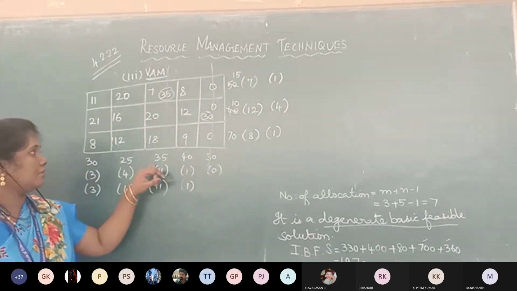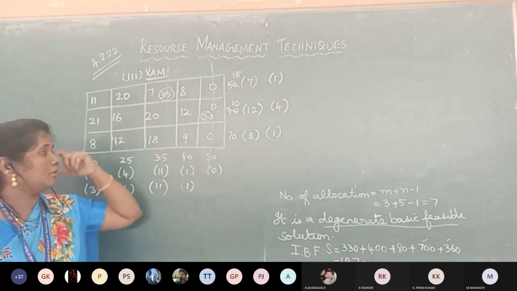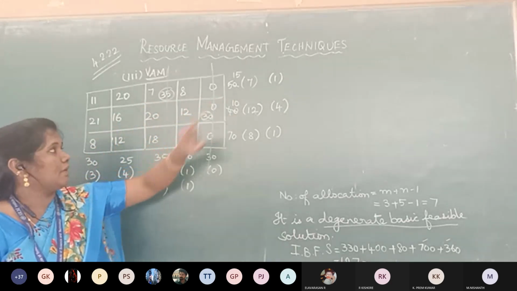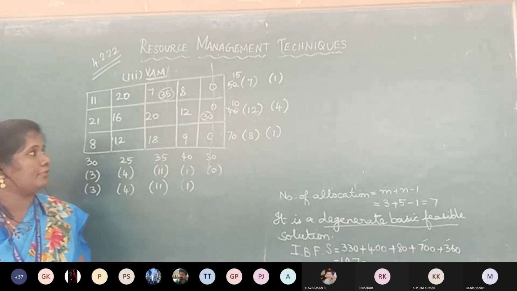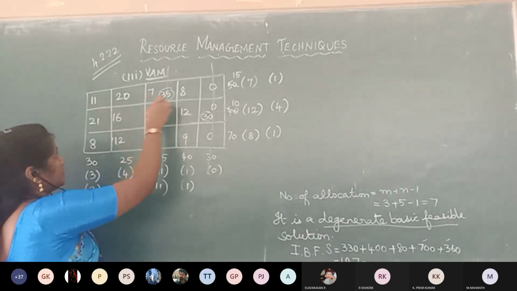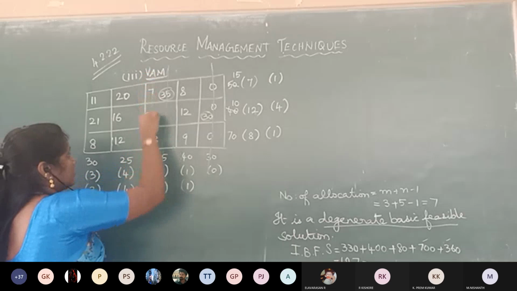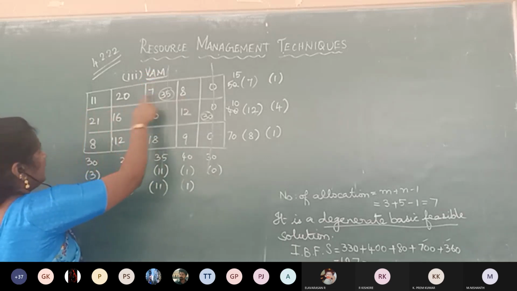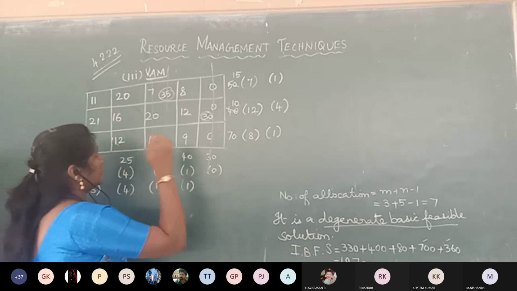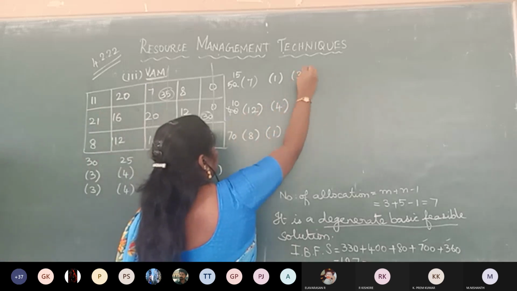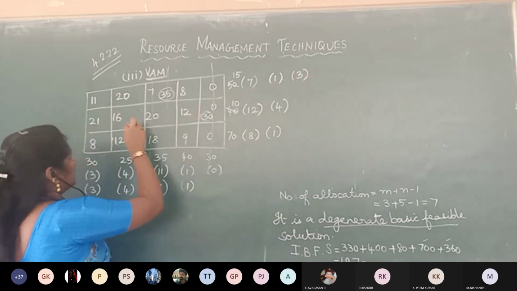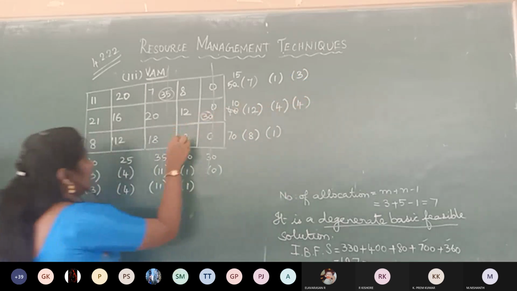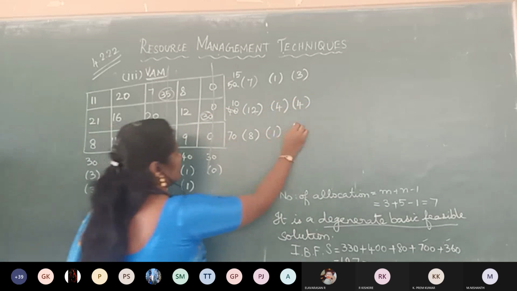I've taken 35 from here, so I minus 35 here, and it becomes 15. Again, find out your difference. The first row is struck off. Now 8 and 11 are your least values, 9 and 11, so 3. 12 and 16, so it is 4. 9 and 8, so the difference is 1.